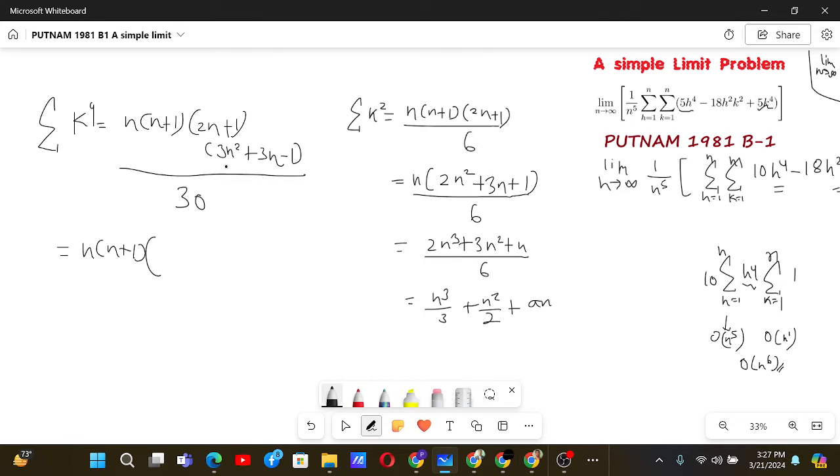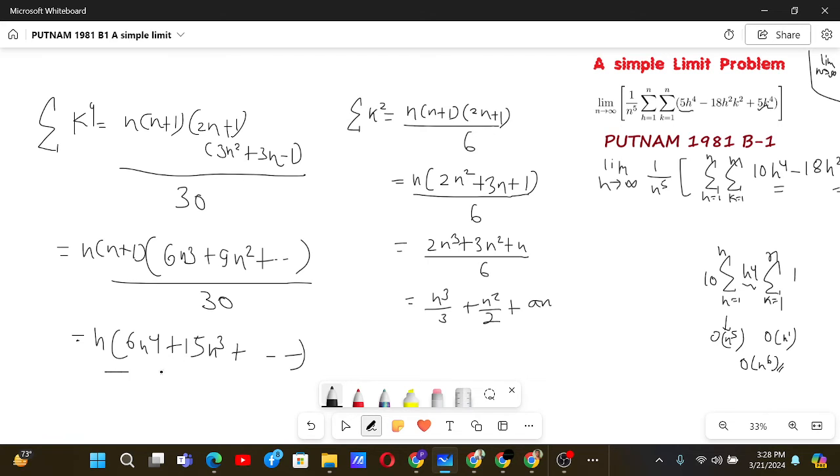So if you multiply, you get 6n cube plus 6n square plus 3n square is 9n square, and some other terms, doesn't matter, by 30. And basically now this one, 6n to the power 4 plus this is 9n cube plus 6n cube is 15n cube, and some other terms, doesn't matter, by 30.